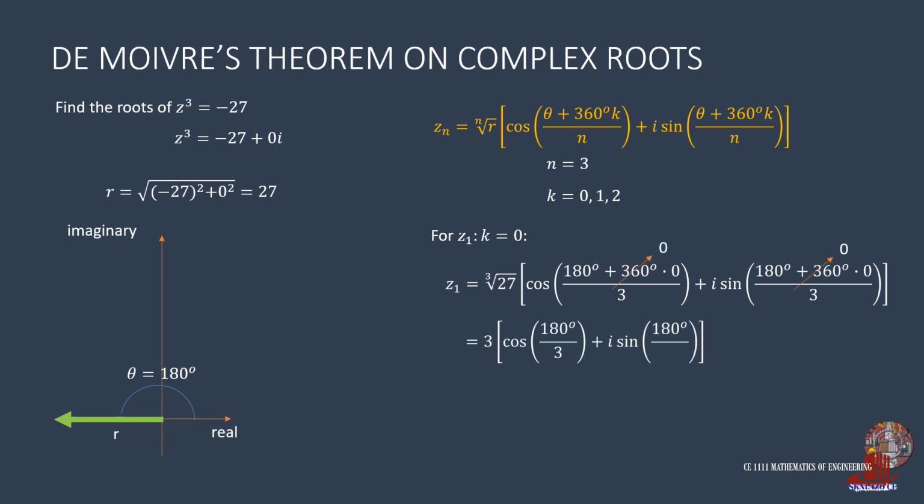So the shortened equation is 3 cosine of 180 degrees over 3 plus I sine of 180 upon 3. This can then be written as 3 cosine of 60 plus I sine of 60 degrees. In rectangular form, this turns into 3/2 plus 3 root of 3 over 2 of I.